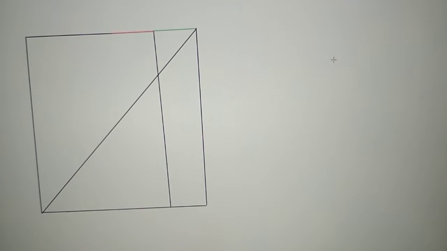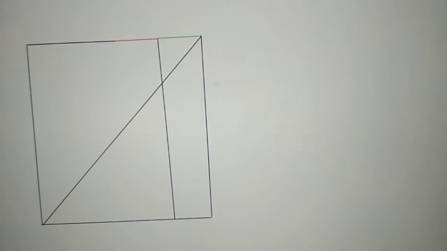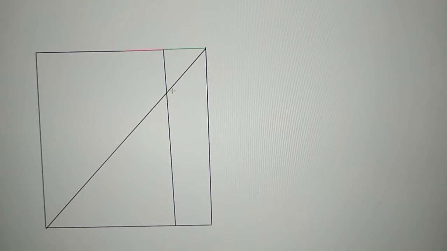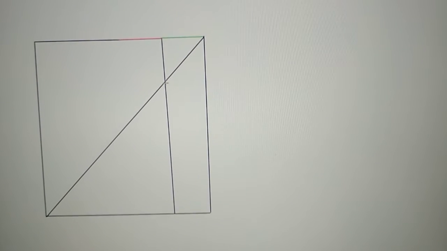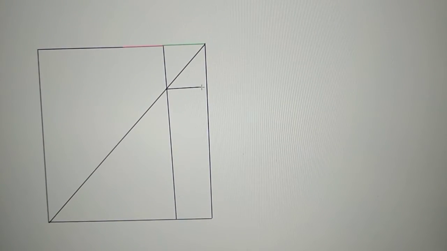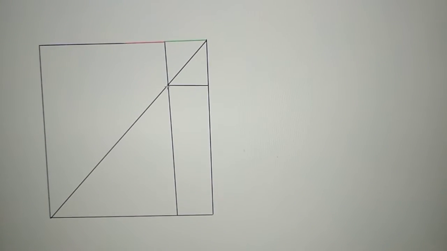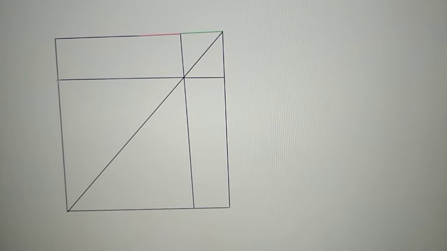Now we're going to draw from this point of section another line parallel to this, and we're going to extend it. So we do it. There we have.